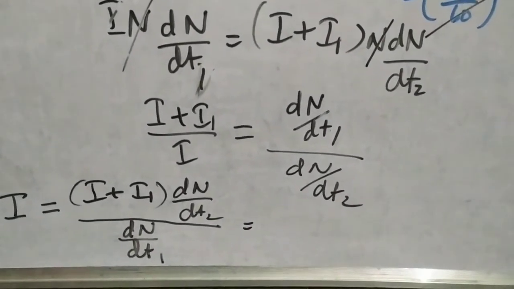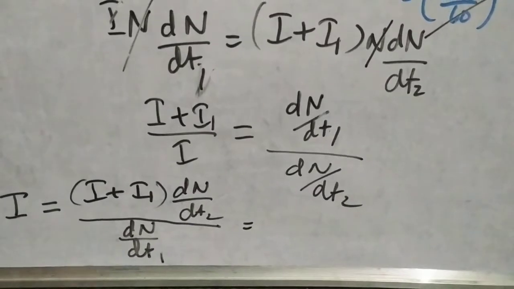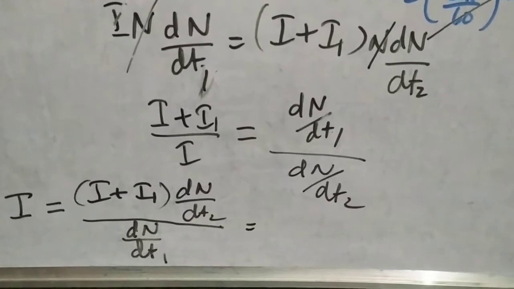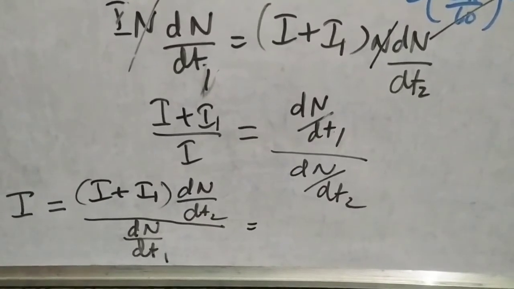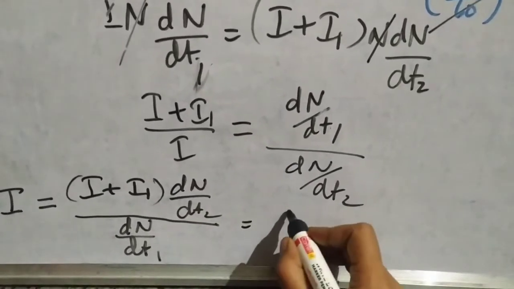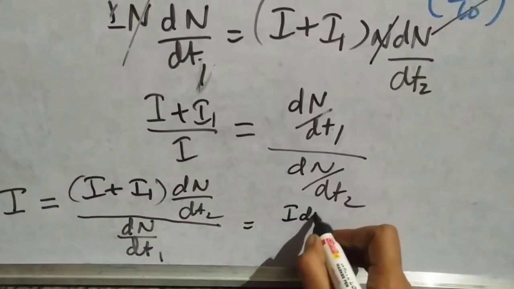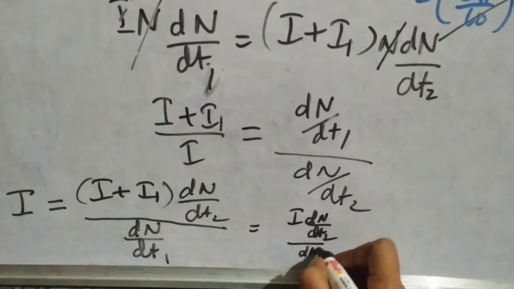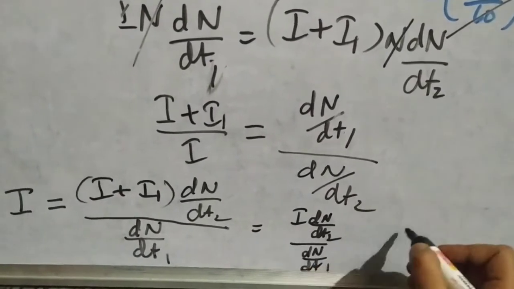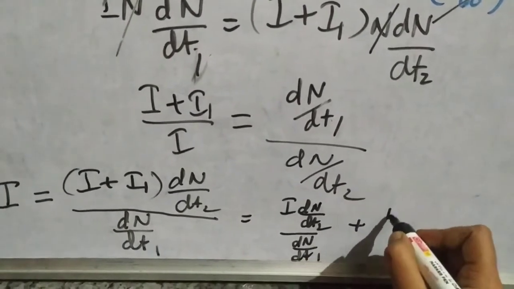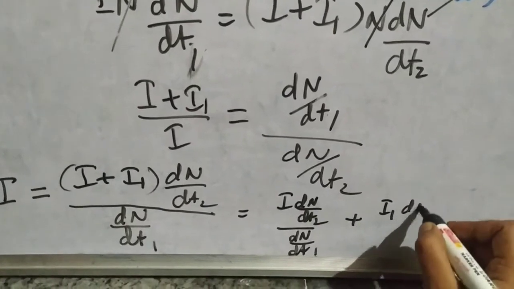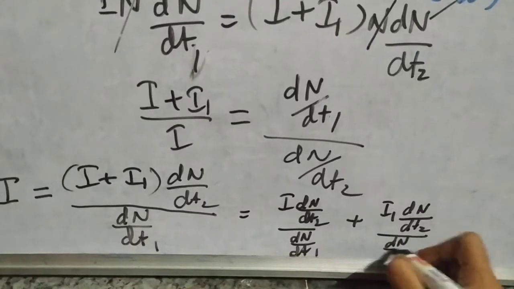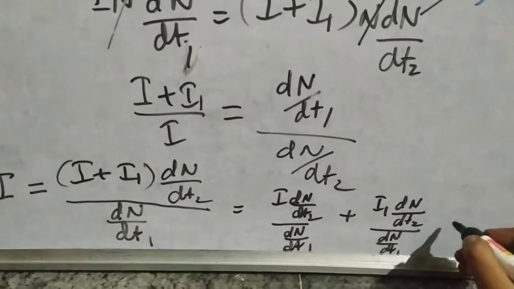So here further when you do this simplification, you will get I is equal to I into dn divided by dt2 whole divided by dn divided by dt1 plus I1 into dn divided by dt2 whole divided by dn divided by dt1. This is as it is.